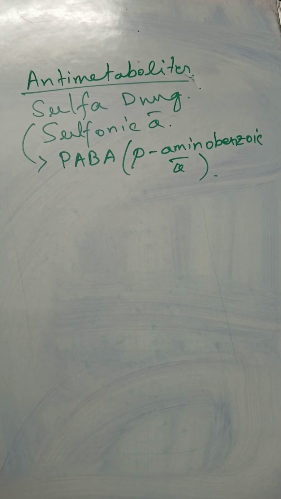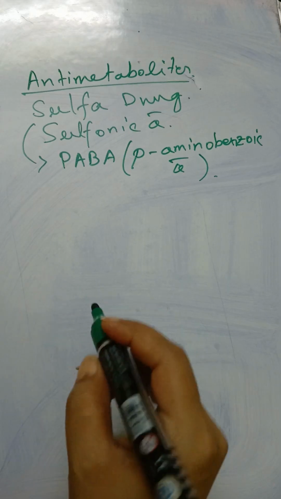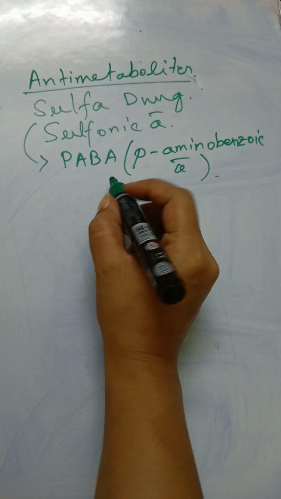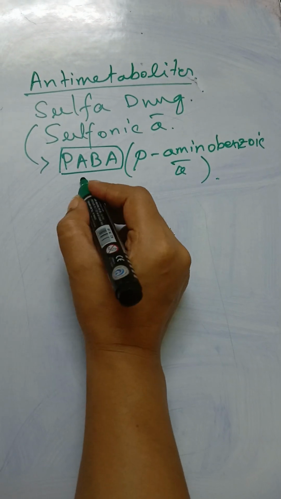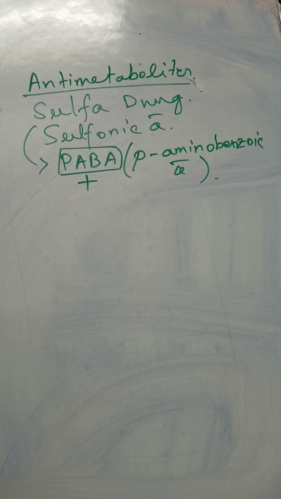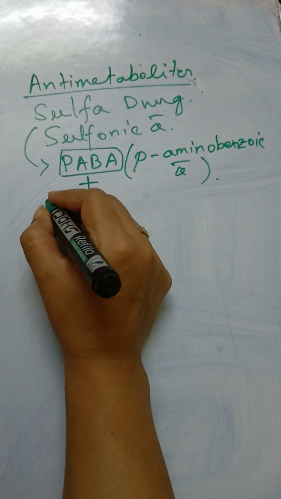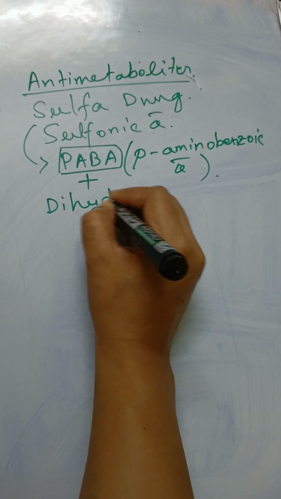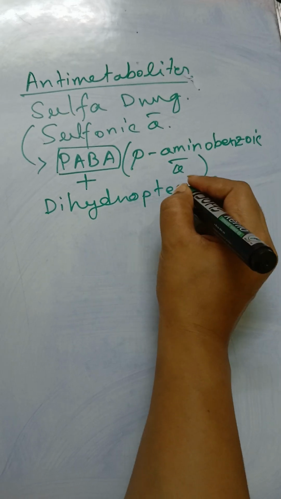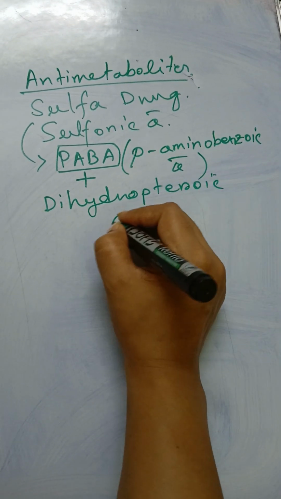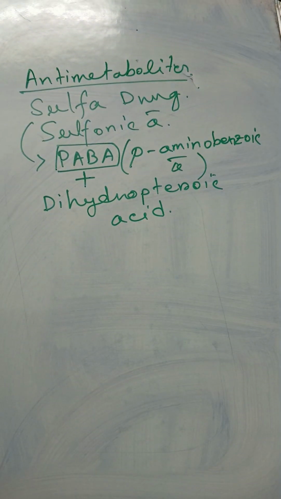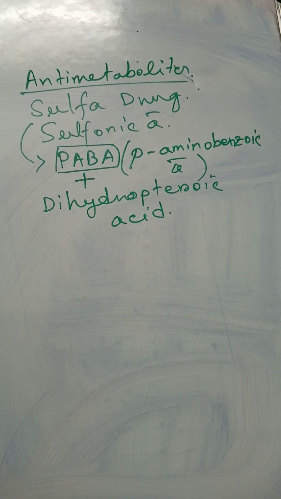Now I'll show you the actual pathway of folic acid synthesis. This PABA makes a condensation with dihydropteroic acid.